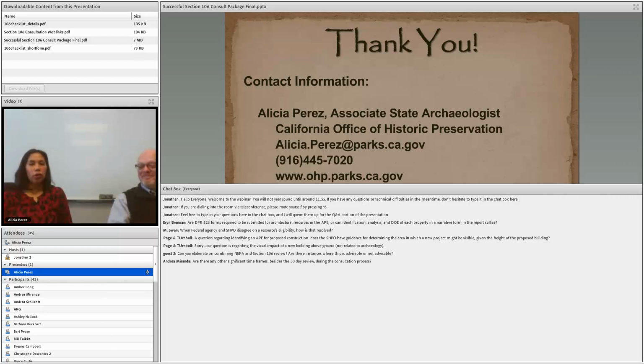Well, they're two different processes, but I think what is important to note is that your process to identify historic properties may be helpful when looking at alternatives in the NEPA process and how these may or may not affect historic properties. I don't know if Mark has more experience with the NEPA and the 106.